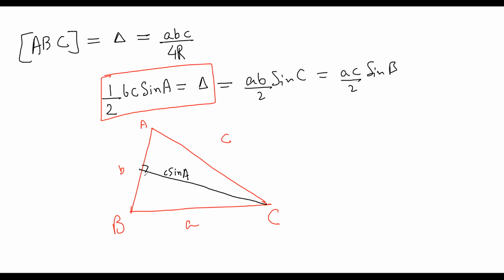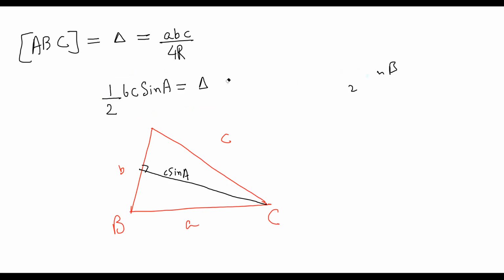This is c sine A, and this is b, and half into base into height is the area. That's it. So this formula is trivial. Now I want you to use it to prove this one. So let's try this.